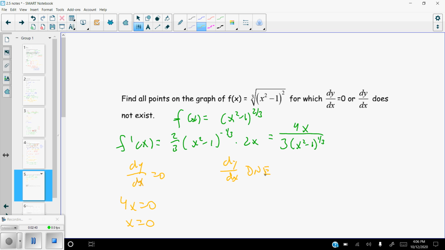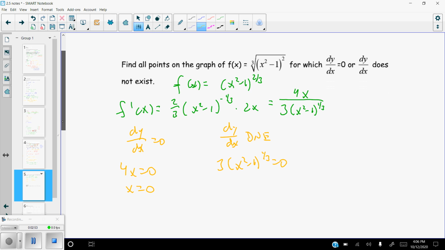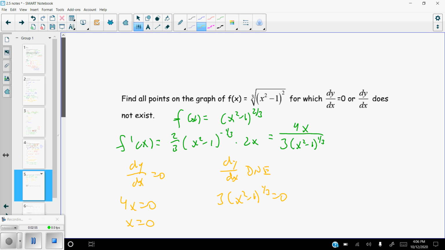For the derivative to not exist, that is when the denominator equals 0. So we'll take the denominator and set it equal to 0. Some of you might be able to do this quicker than others, but if you were solving this, you would divide by 3. Okay, the 3 goes away. Then you're going to cube both sides.